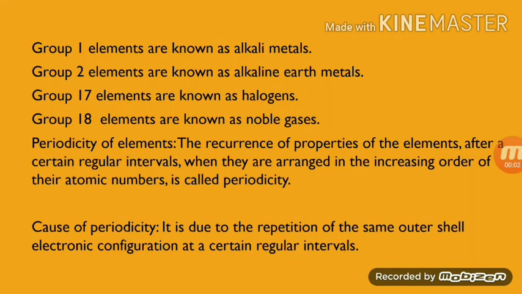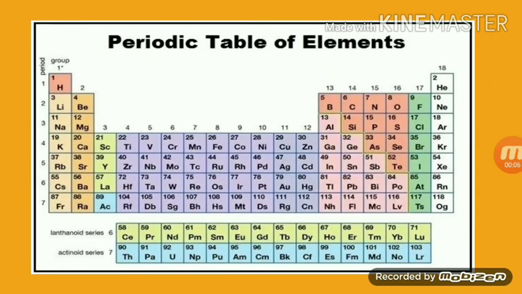Okay, Group 17 elements are known as halogens. The elements are fluorine, chlorine, bromine, iodine, astatine and tennessine. These are the elements which are known as halogens.